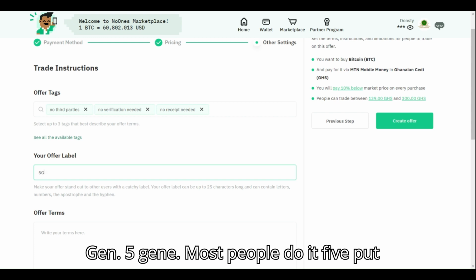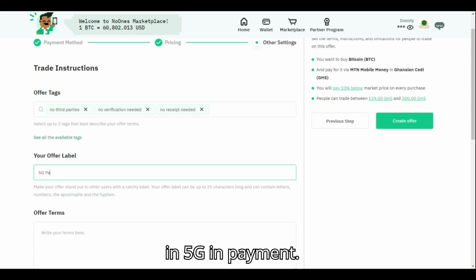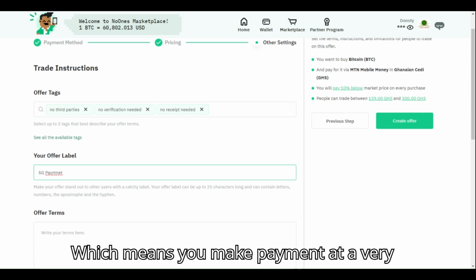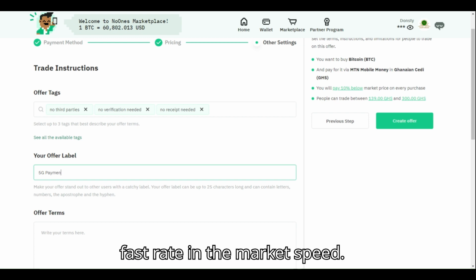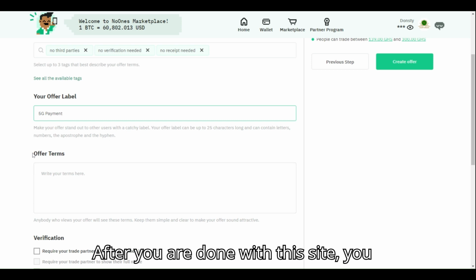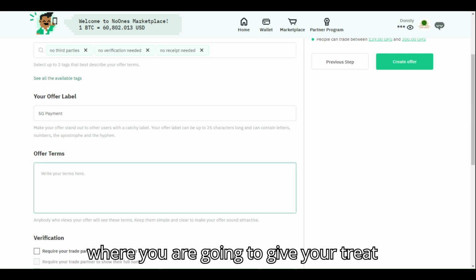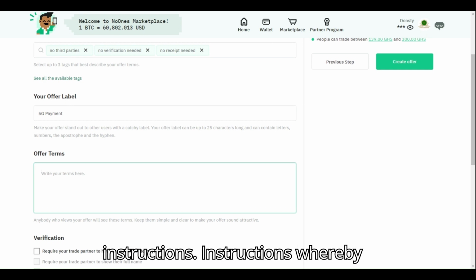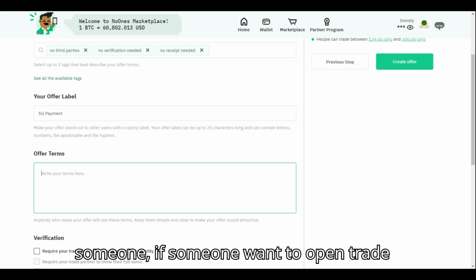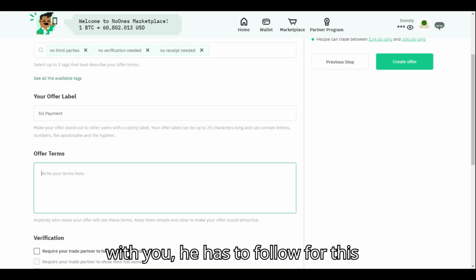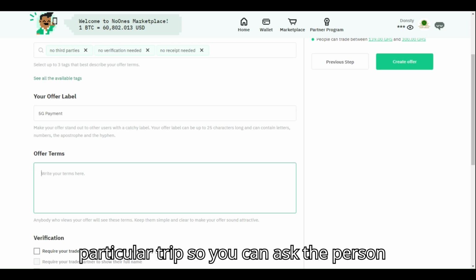Most people put in 5G payment, which means you make payment at a very fast rate in the market space. After you are done with this side, you come to offer terms. The offer terms is where you are going to give your trade instructions, which someone who wants to open a trade with you has to follow for this particular trade.